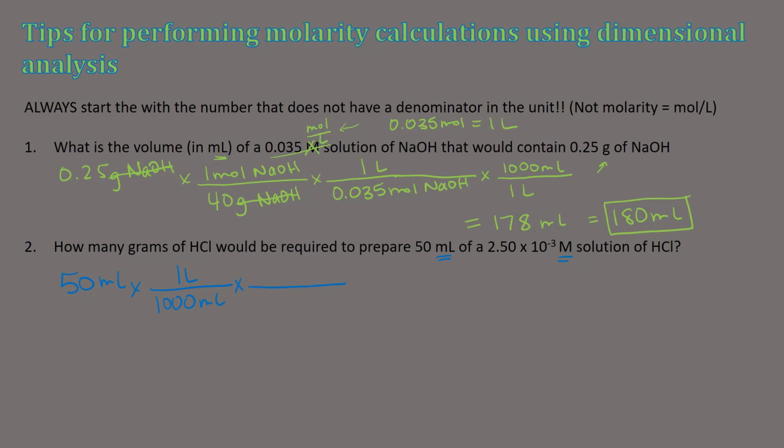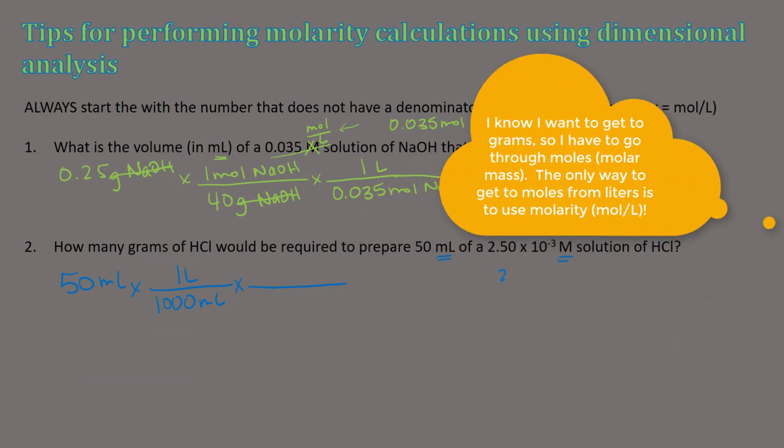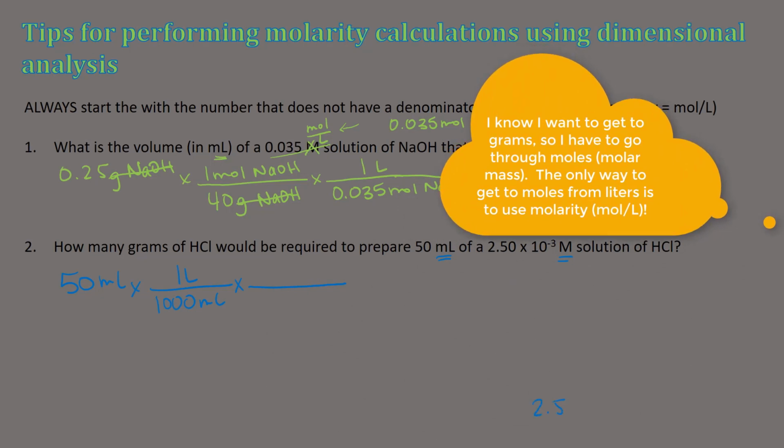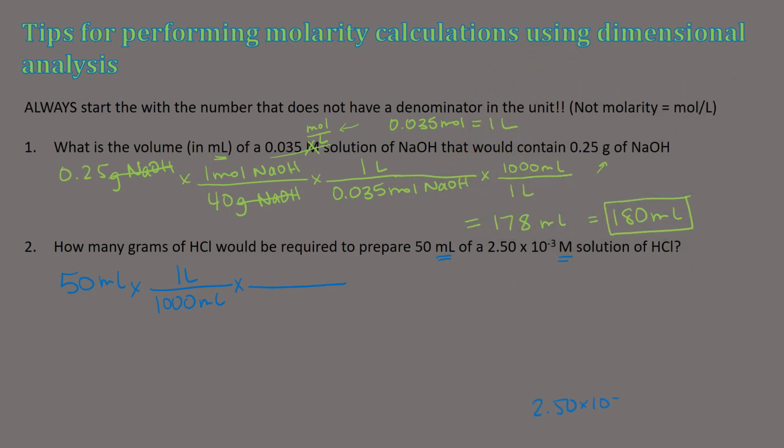Now I can introduce molarity. This is 2.50 times 10 to the negative third moles per liter, right? So I'm going to put the moles on top, and that's of HCl.